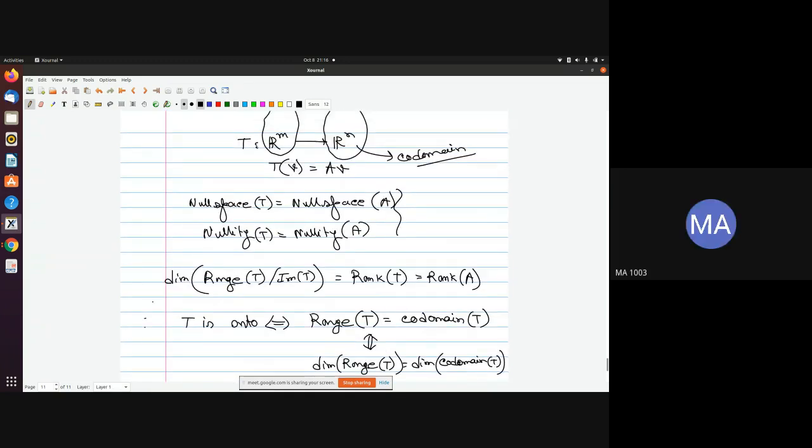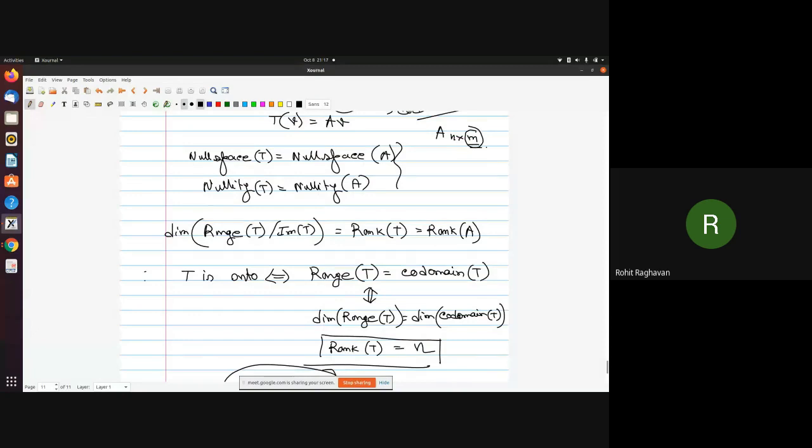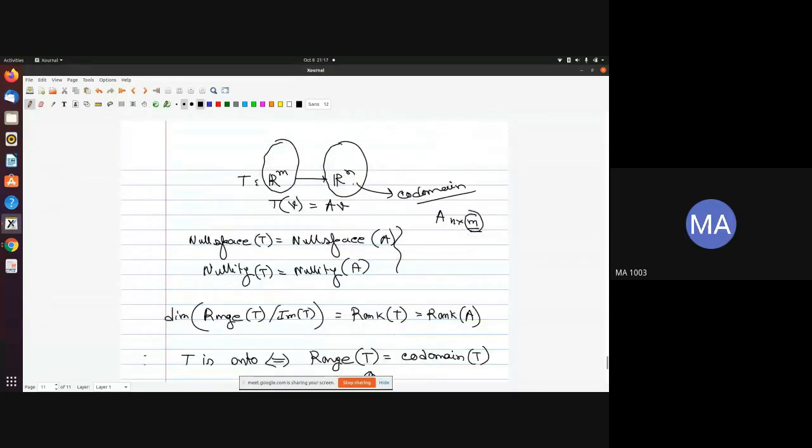That is different, right? Here, what is the order of the matrix? It is n cross m. So rank plus nullity should be equal to m, not n. Here it is n, because rank is on this side, correct?